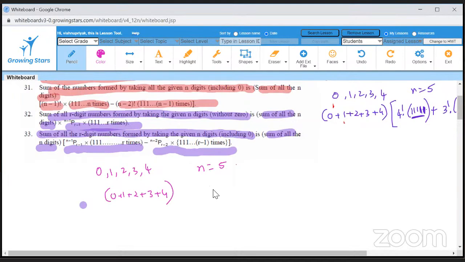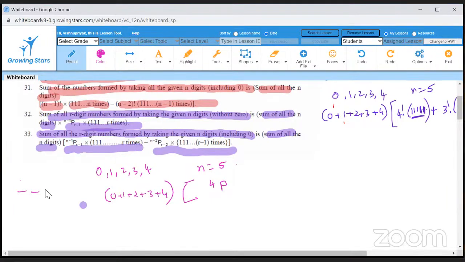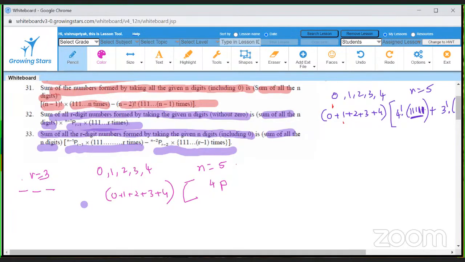Then I will multiply with n minus 1, 5 minus 1, P, r minus 1. What is r? You are taking only 3 digits. So r is 3. You are making only 3-digit numbers. Sum of all 3-digit numbers. But I gave you 5 numbers. I'm not taking all 5, I'm taking only 3. So I will add up all the 5 numbers which are given.